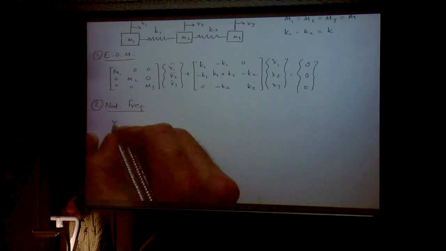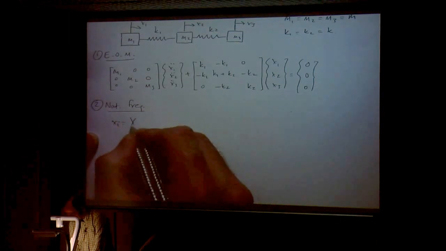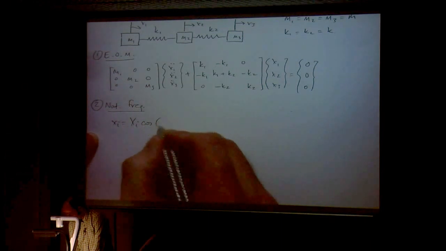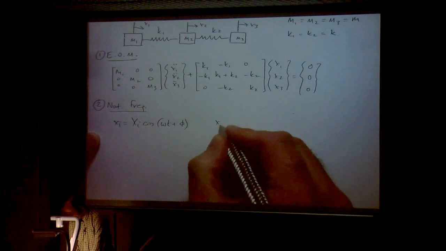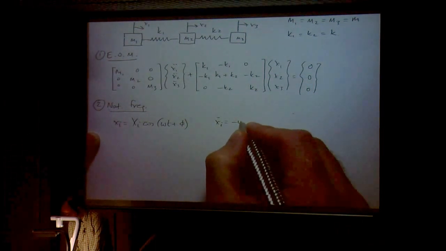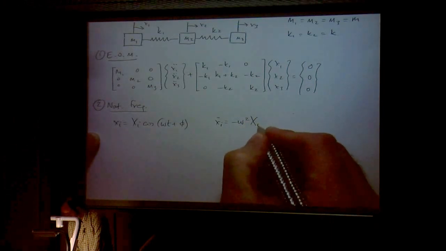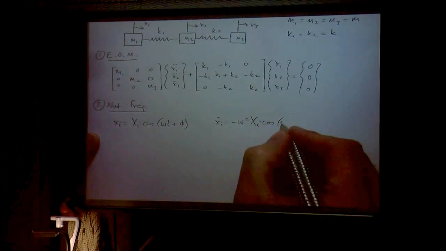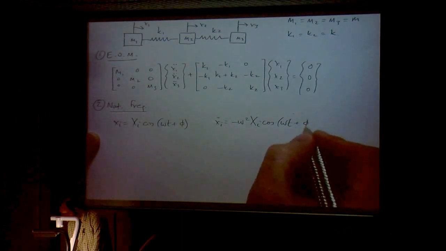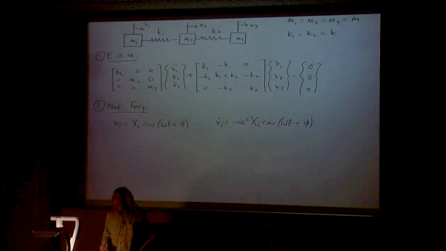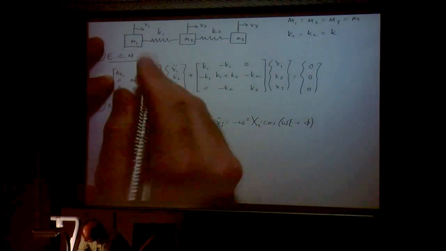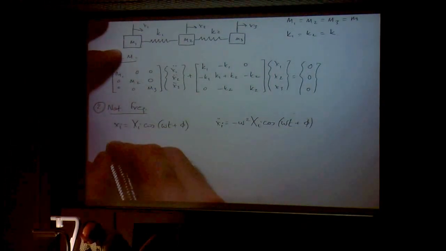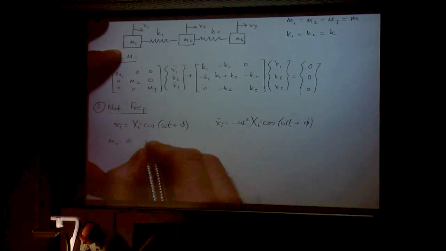So we substitute in xi equals big X i cosine omega t plus phi. So xi double dot is going to be minus omega squared xi cosine omega t plus phi. I put these into this equation, so we end up with m1, 0, 0.